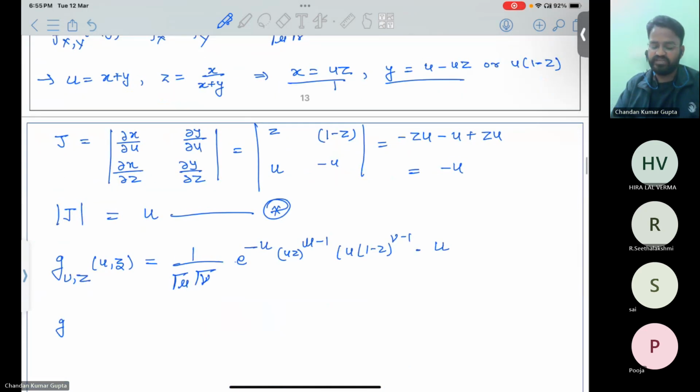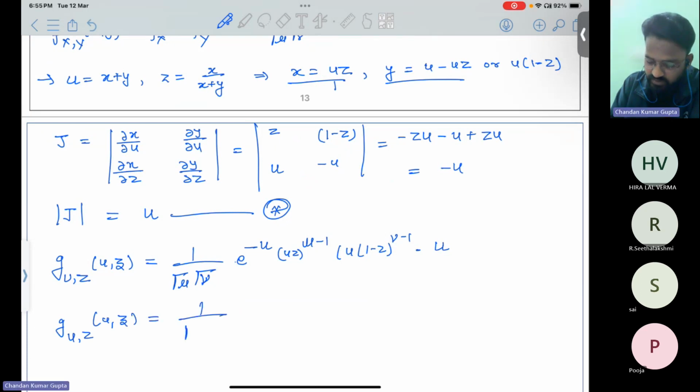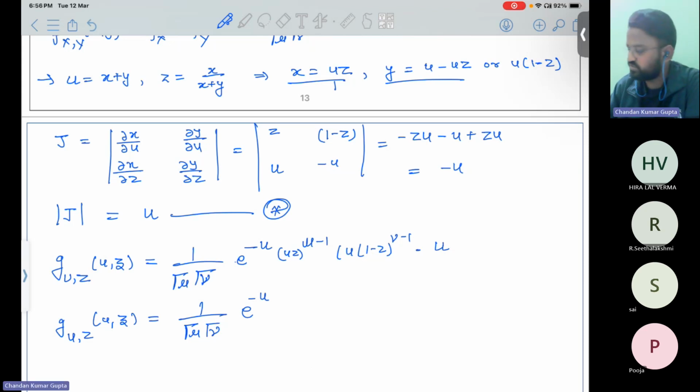Sorry. Okay, then the density of u and z is 1 upon gamma mu gamma nu, e to the power minus u, and u to the power mu minus 1 plus nu minus 1 plus 1.